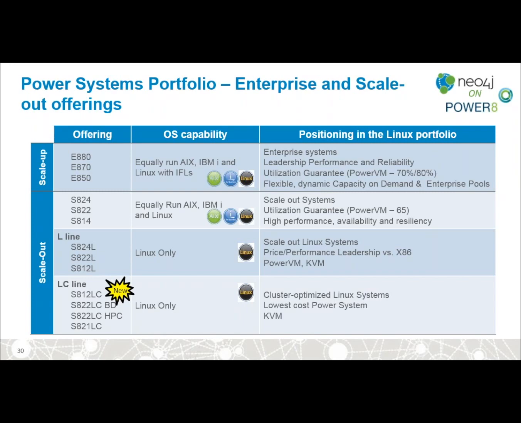Critically important, these servers have changed the game in terms of the price point at which you can acquire Power systems. They are very competitive, both in terms of performance and price. Depending on the configuration, in many cases these are equal to or lower than equivalent x86 configurations.